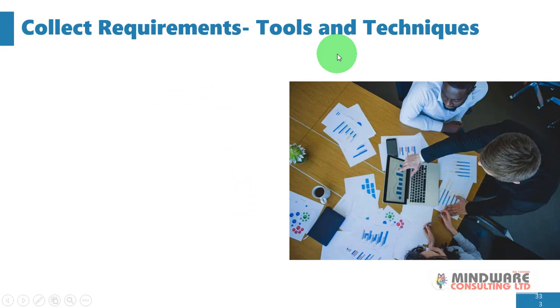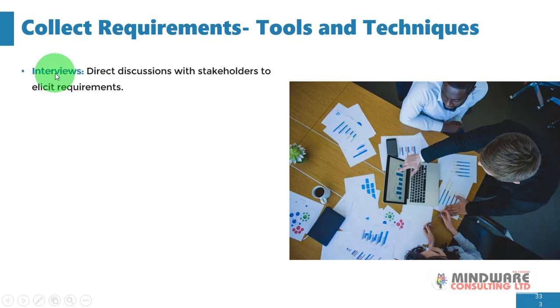Okay, so here we are. Now, what are the tools and techniques that project managers use when it comes to collecting requirements? First is interviews. These include direct discussions with stakeholders to elicit requirements. Okay?